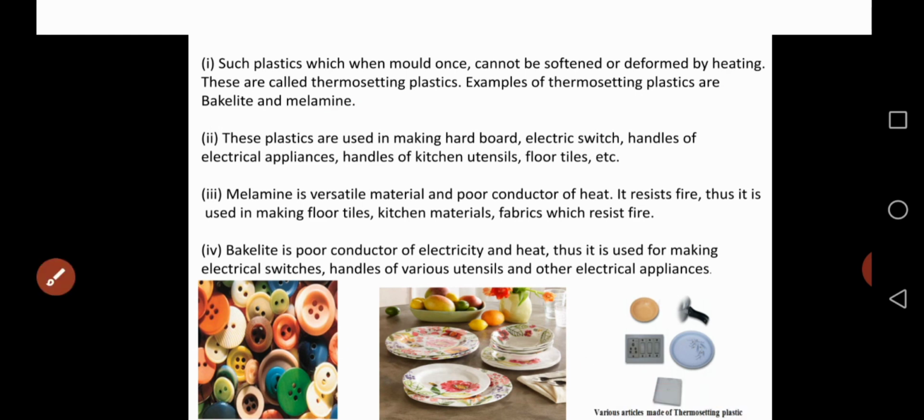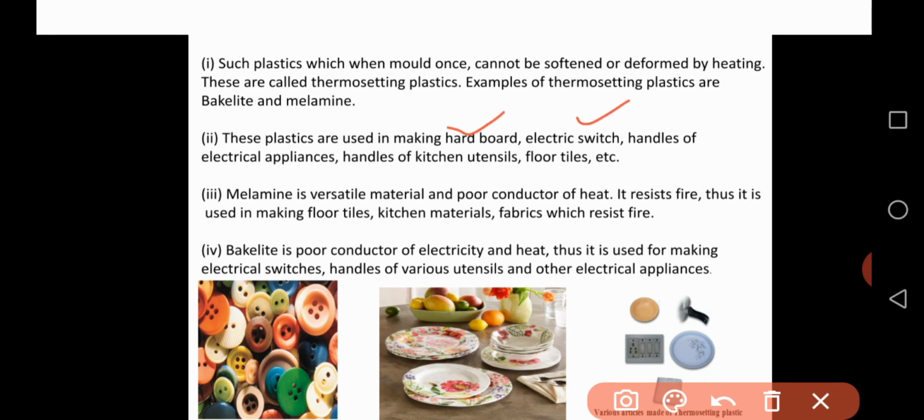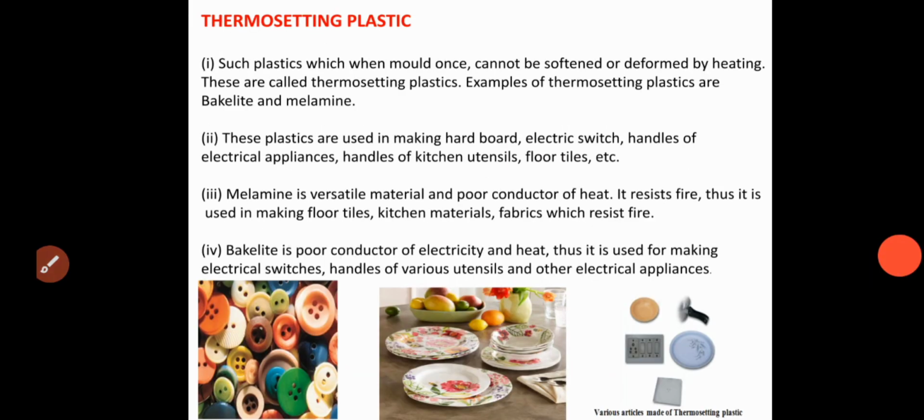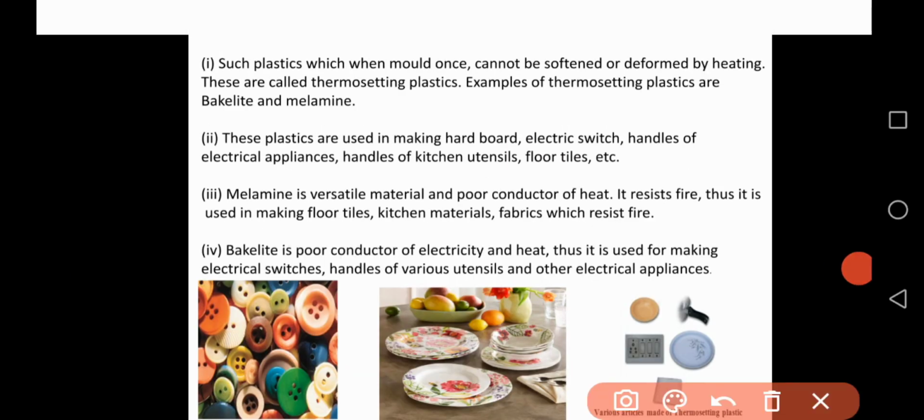Another very important point about thermosetting plastics is that they are used in making many materials like hardboards and electric switches. You can observe here, we use this type of plastic in making electric switches. Also the handles of electrical appliances and handles of kitchen utensils.